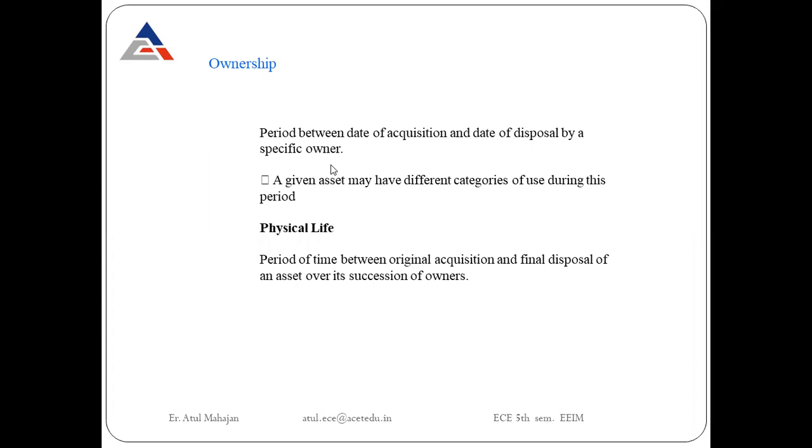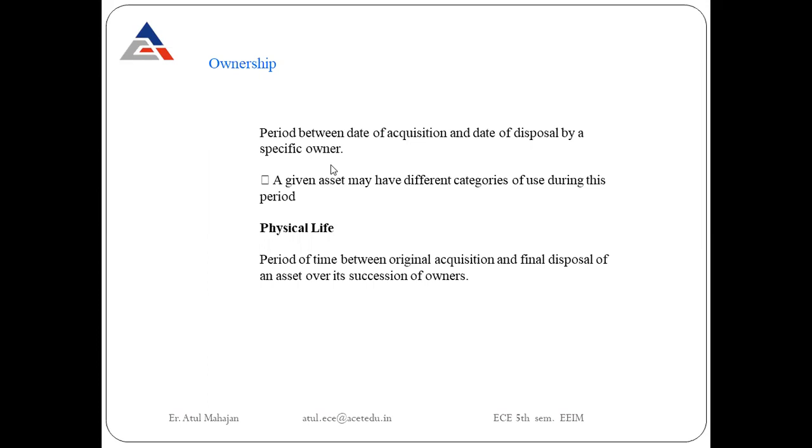Sometimes we need to know what the actual original acquisition is, when it originally came into existence. Suppose I bought my product on 9th September 2010, and the date of disposal was 10th September 2020.